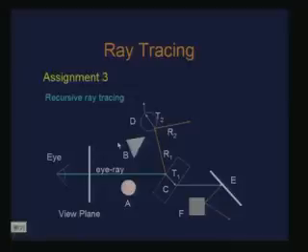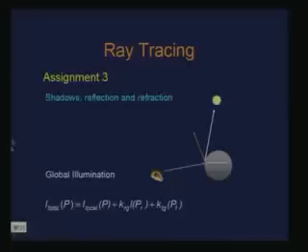So then when I said that you need to have shadows, reflection and refraction, what we are looking at is that given a primary ray through a pixel x, y from the eye, what are the various other rays which may be emanated by the hit point?